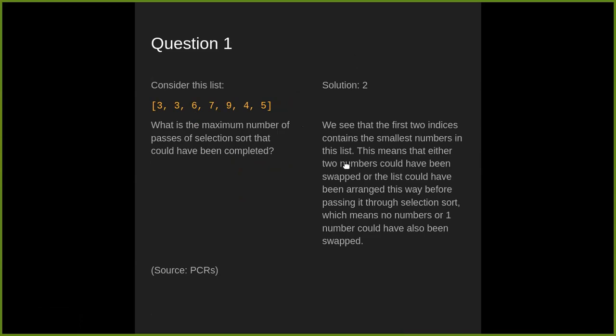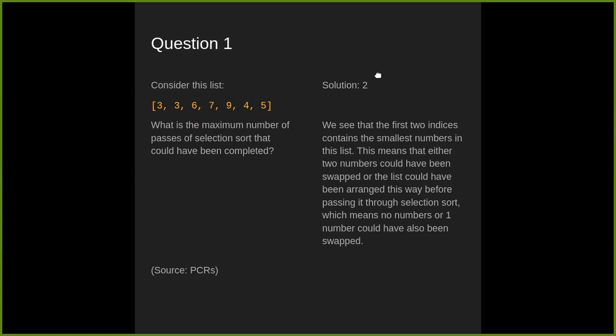Since you can see that index 0 contains the smallest value, which is 3, and index 1 contains the second smallest value, which also happens to be 3, and then index 3 contains 6, which is larger than 4 and 5, you can say that only 2 passes of selection sort were completed, because only the first 2 indexes contain properly sorted values, which are the 2 smallest values.